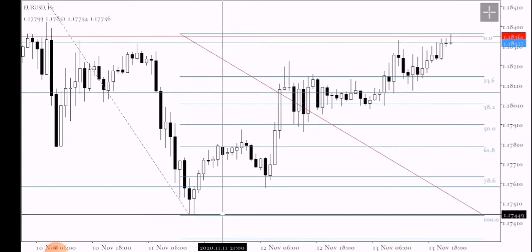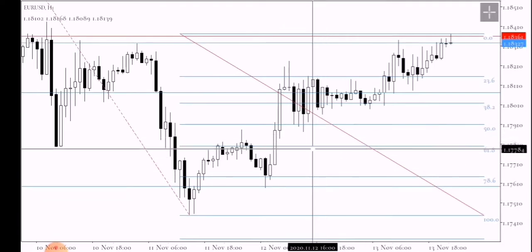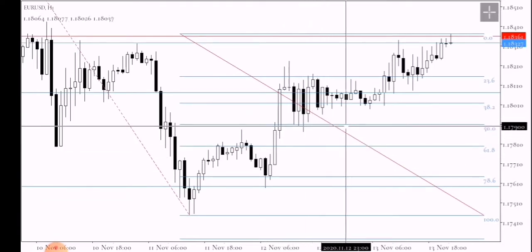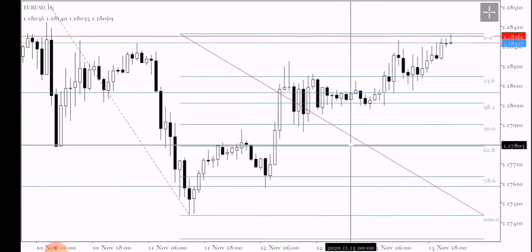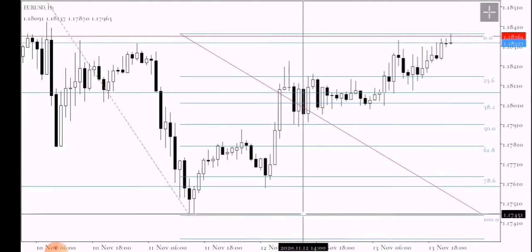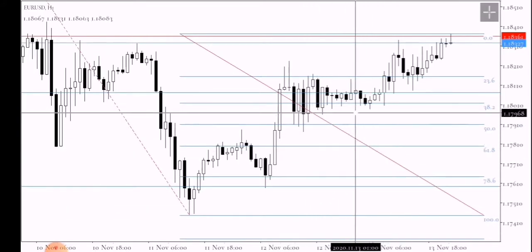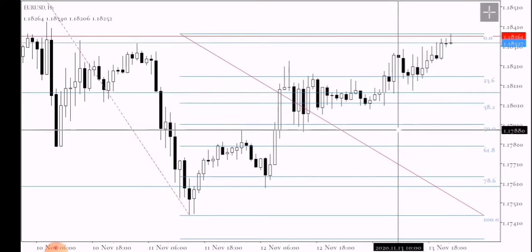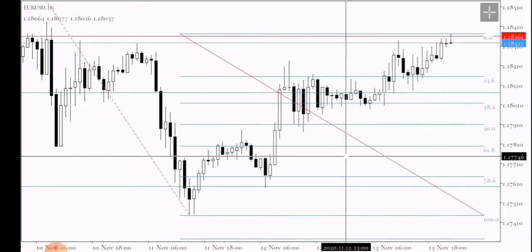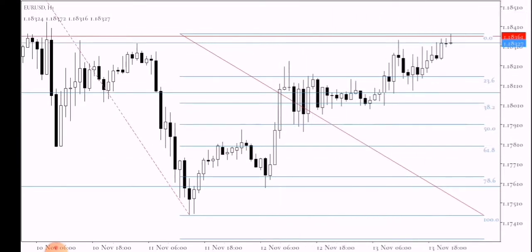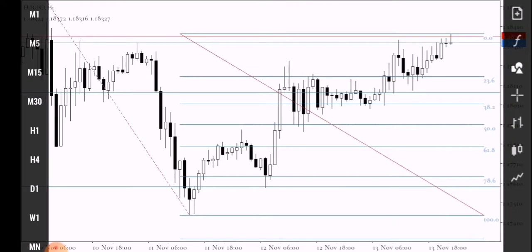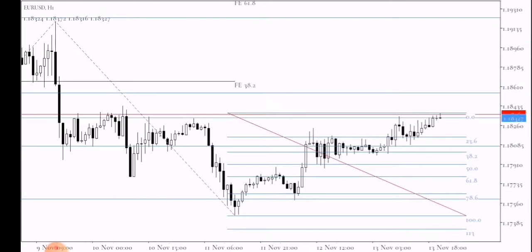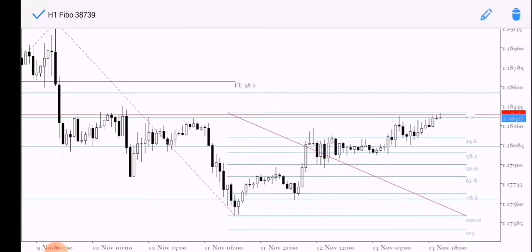Now that is our entry zone here between the 50 and 61 with a stop loss here. And now let's look at the take profit. Where are we headed if we are going up? Let me delete this Fibonacci tool here.